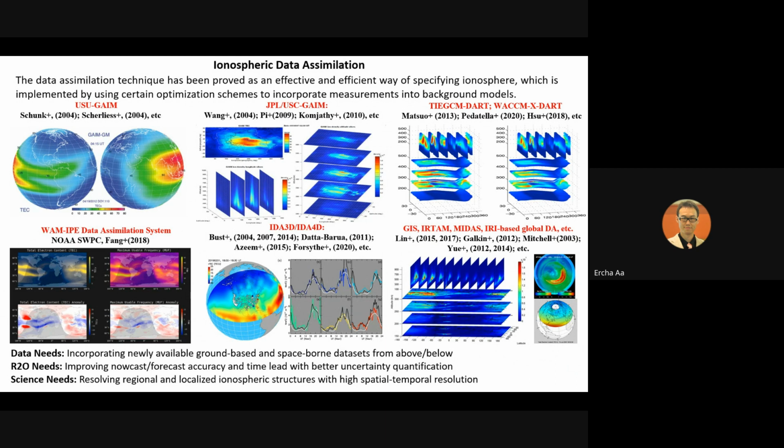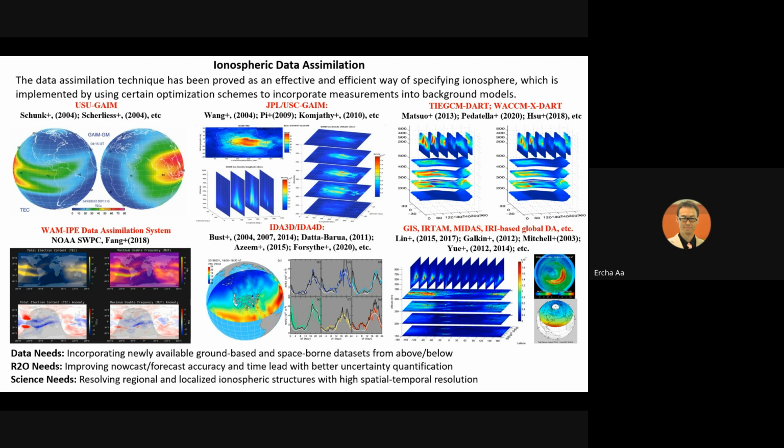Data assimilation has been proven as an effective technique to specify the ionosphere, which is implemented by ingesting a wide variety of observations into background models via certain optimization schemes like the Kalman filter or variational approach, etc.